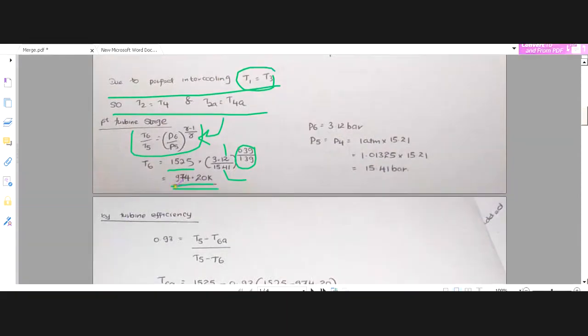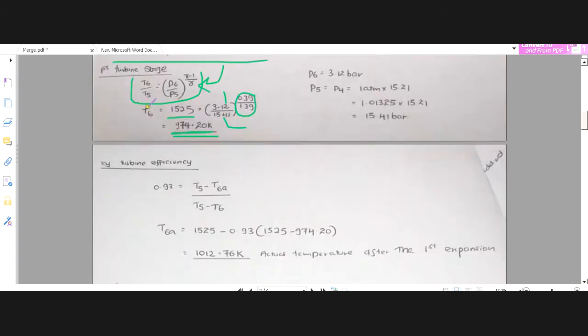This is the ideal value, not the actual, so this is the ideal value without considering the efficiency. But I told you in the real case we have to consider the efficiency, so now that we know the ideal value, let's use the efficiency formula for the turbine. In the turbine, actually what it gives us is lesser. So T5 minus T6 actual, divided by T5 minus T6.